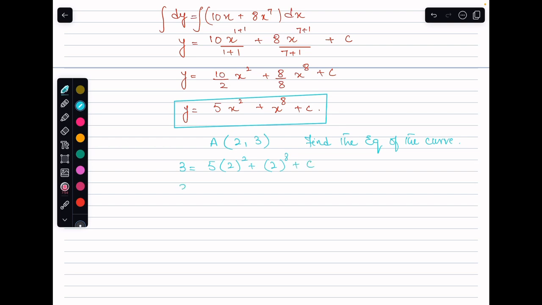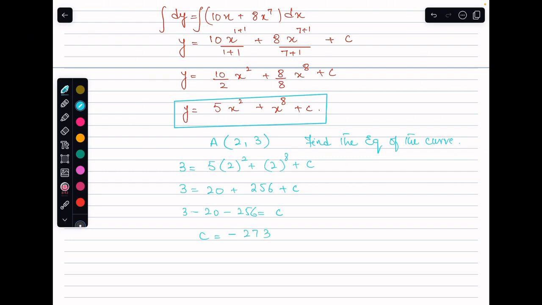Or I can say 3 equals 20 plus 256 plus c, so c equals 3 minus 20 minus 256, which is negative 273.